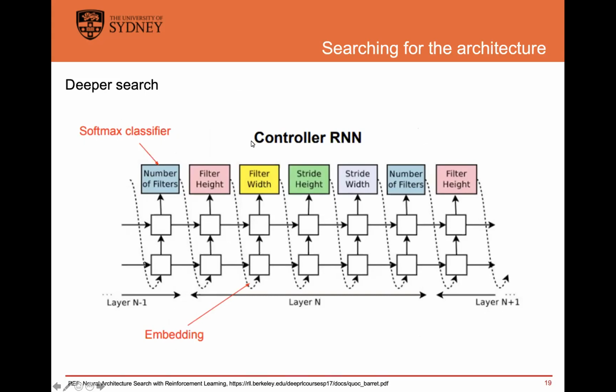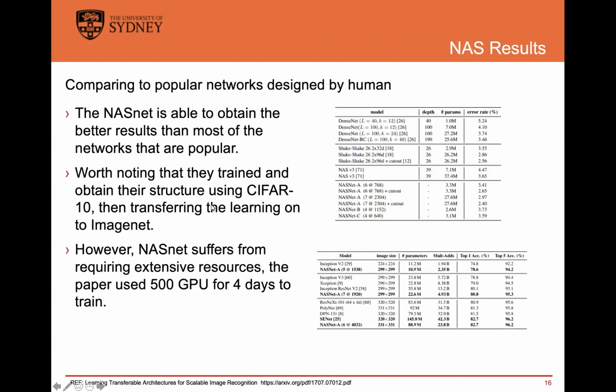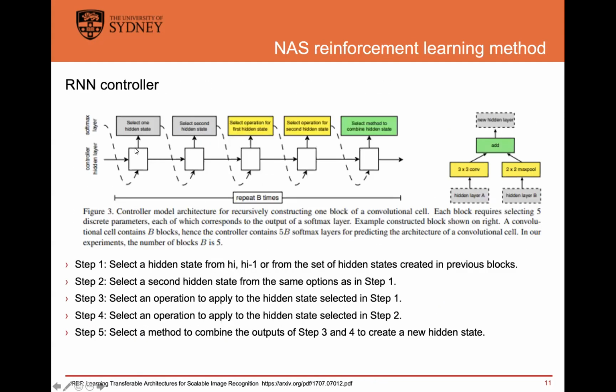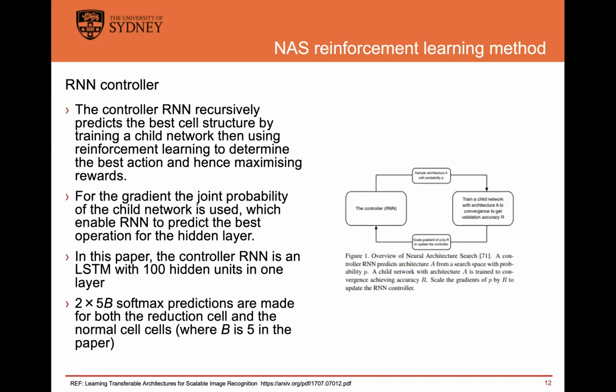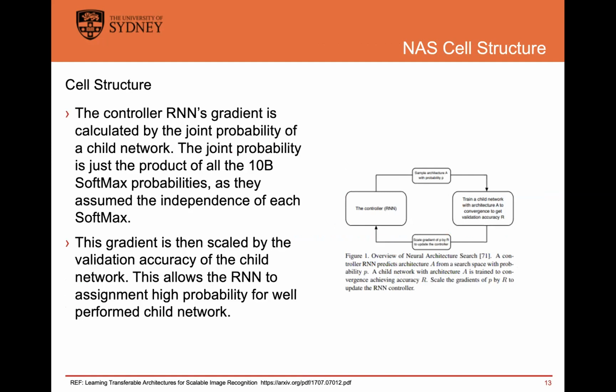So in each layer, you have your own cells. That's how you search the layer. The top 5 would just be the same original one as we saw previously. That's basically what the top 5 hidden states are doing: selecting the hidden state for the cell, which are the actual normal cells and reduction cells.